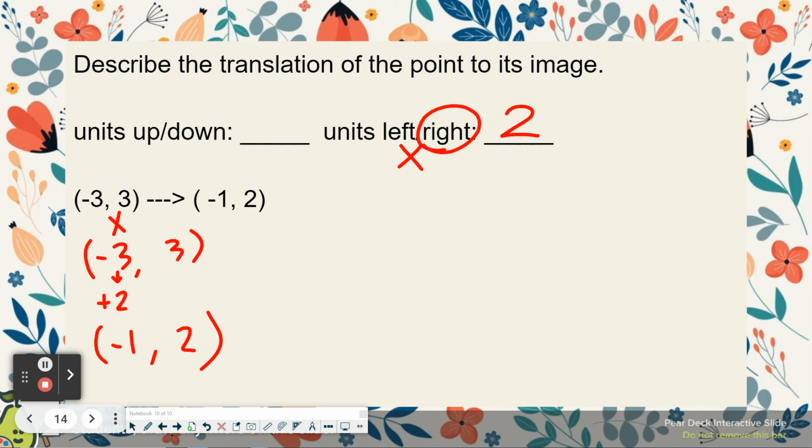Then your second value is the y value. This is if we're moving up and down that y-axis. So if I start at 3 on the y-axis and I get to 2, am I moving up or down? We're moving down. We're moving down 1.